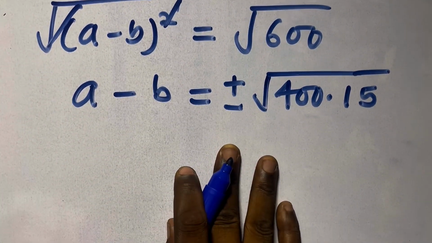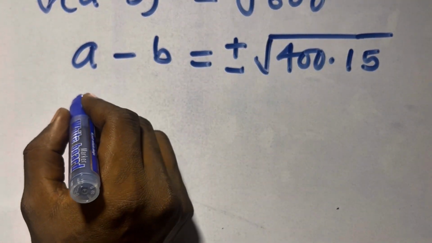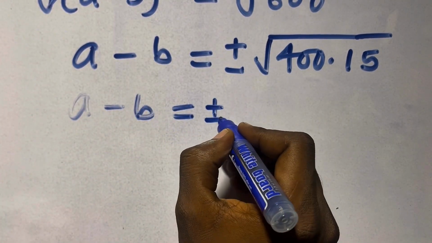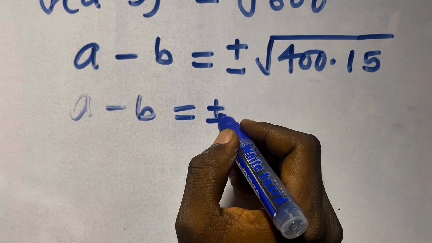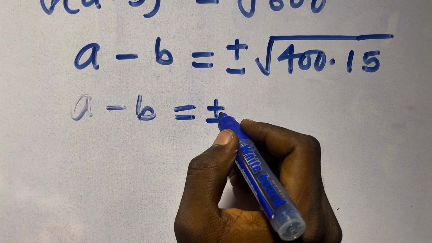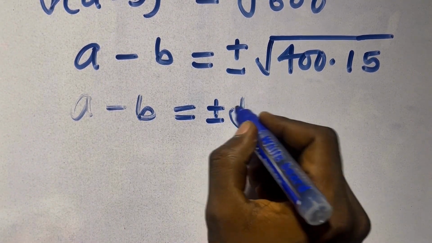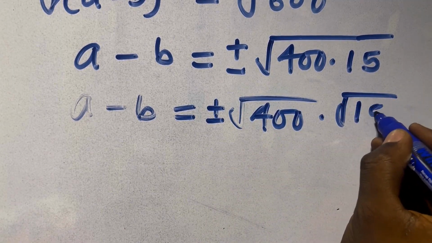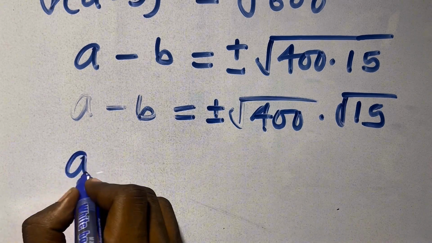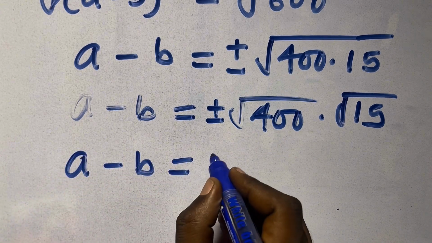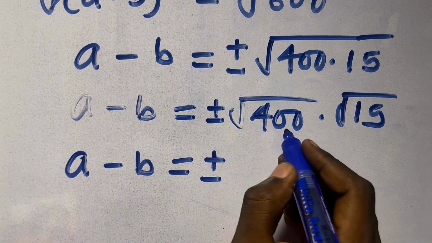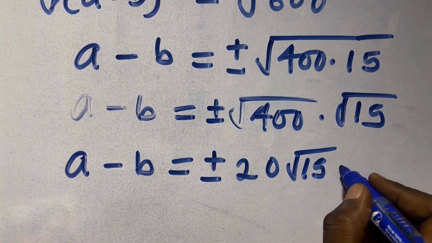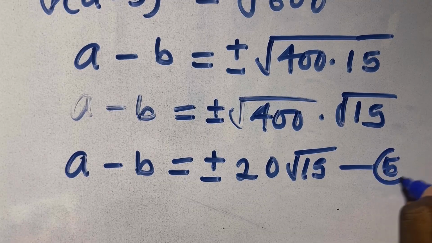From our knowledge of surds, we will have a minus b equals plus or minus square root of 400 multiplied by square root of 15. So we will have a minus b equals plus or minus 20 root 15. Let's call this equation 5.